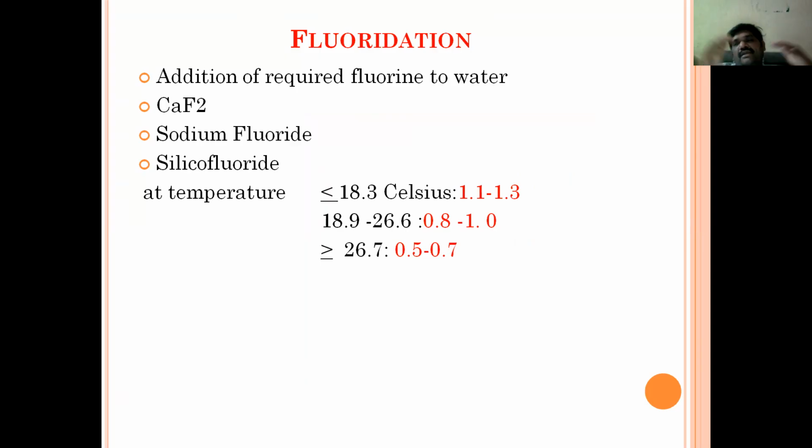If the water does not hold even that acceptable limit, that means it is less than the acceptable limit, we need to add fluoride to the water and increase the fluoride concentration, as it is an essential component for the formation of teeth and bones.